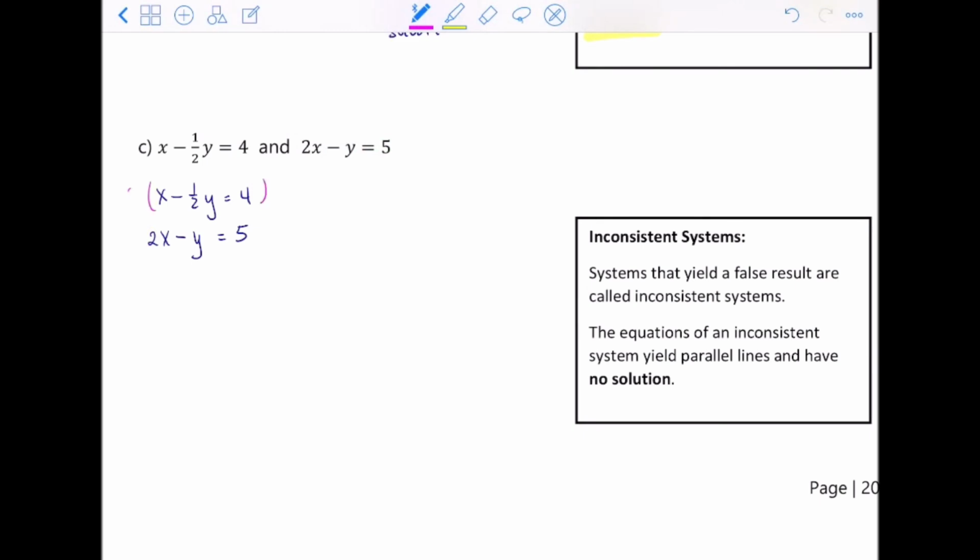So I'm going to multiply the first equation by 2. So we get 2x minus y equals 8. And the second equation carries over. And okay, let's take a look. So we have two equations, and then we're going to subtract the second equation from the first one because I wanted to get rid of x first.